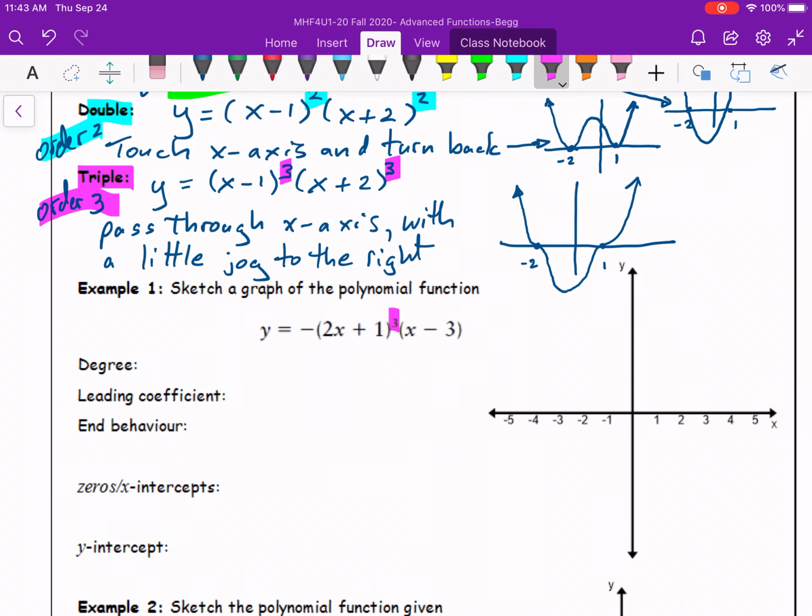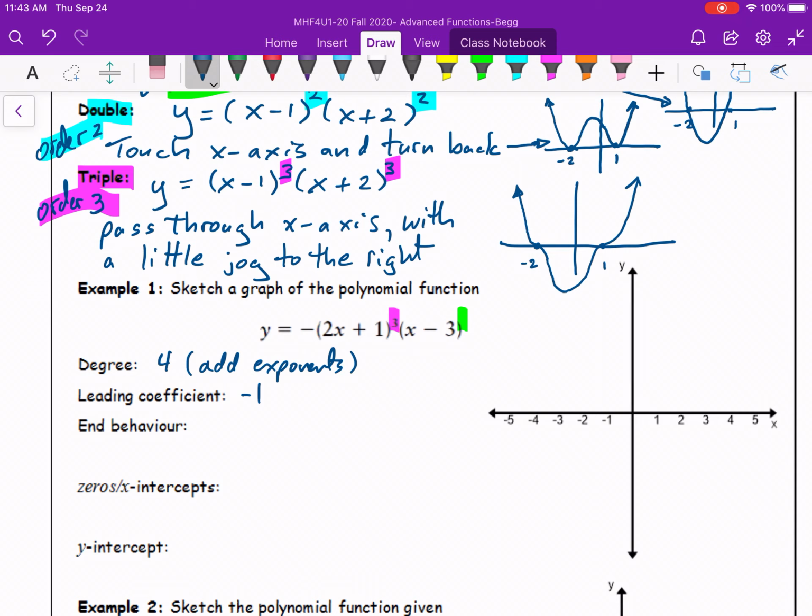Overall, the degree is 4. So we're going to add those individual exponents if it's in factored form. The leading coefficient is negative. That means it's going to be a degree 4 that opens downward.